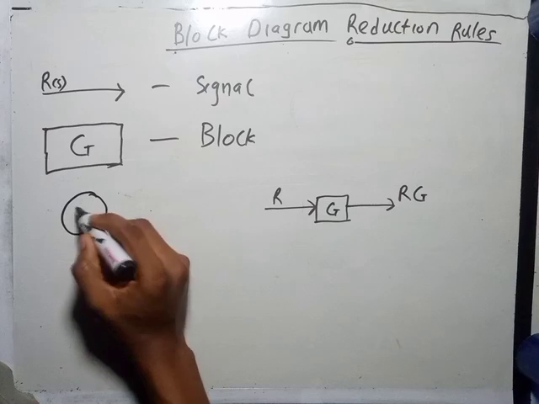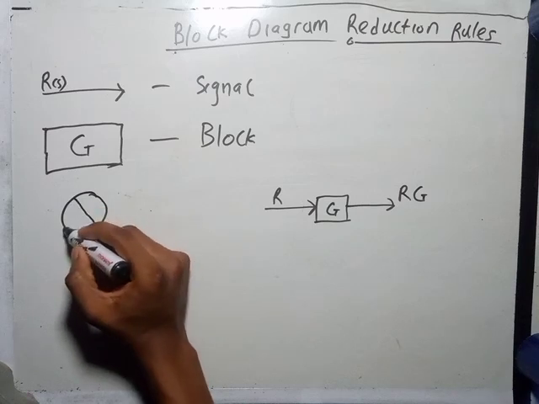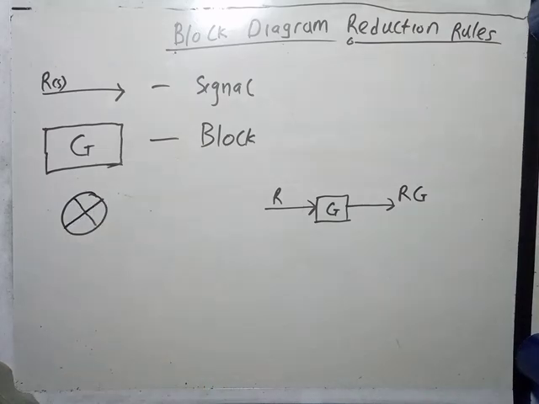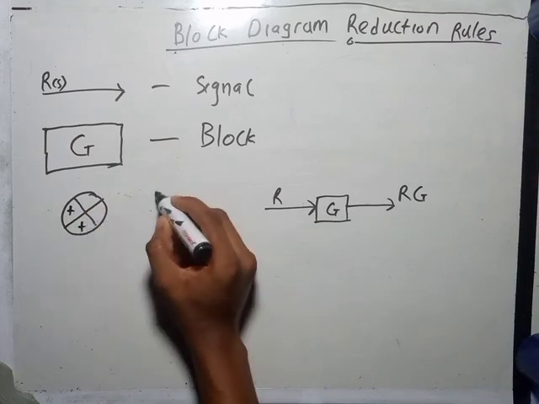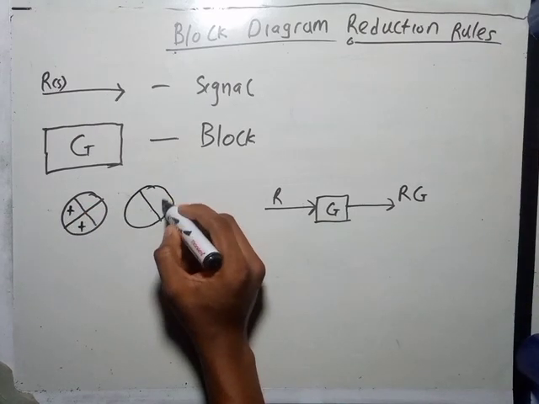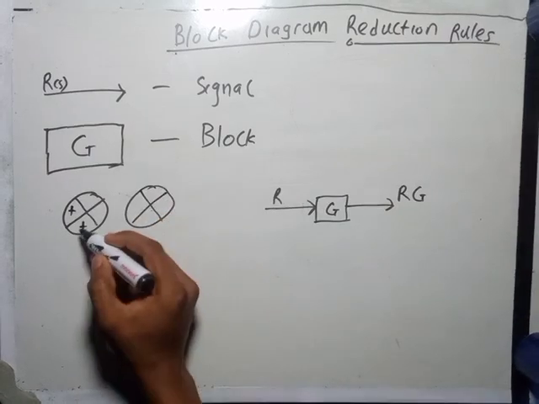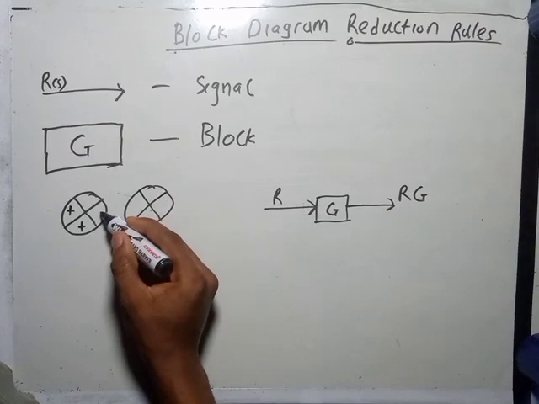Another component I would like to talk about is the summing points. At the summing point, that is where your algebraic sum or algebraic addition occurs. You can have it to be either plus plus, and the arrangement is not constant. Sometimes you might see your plus here.